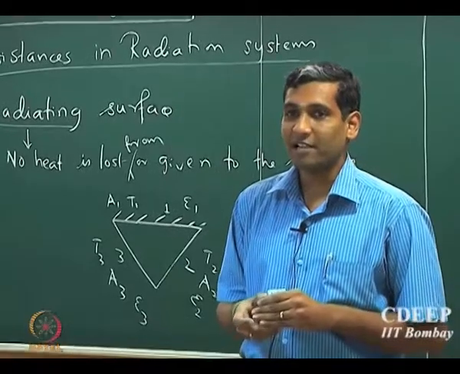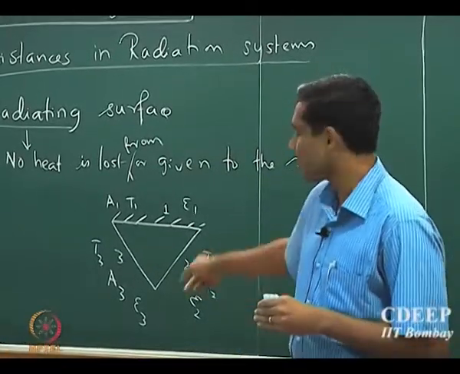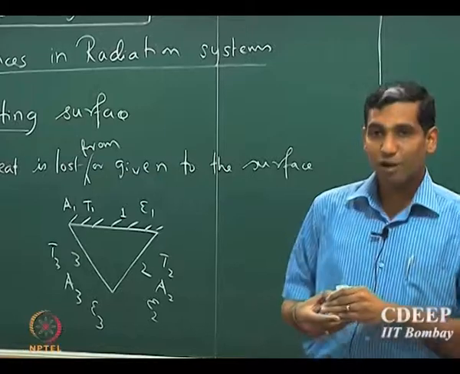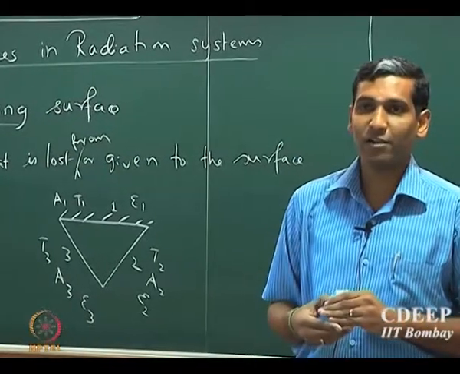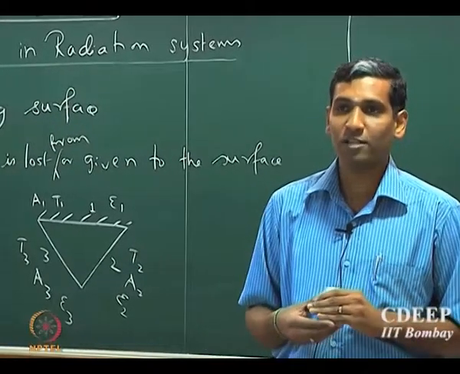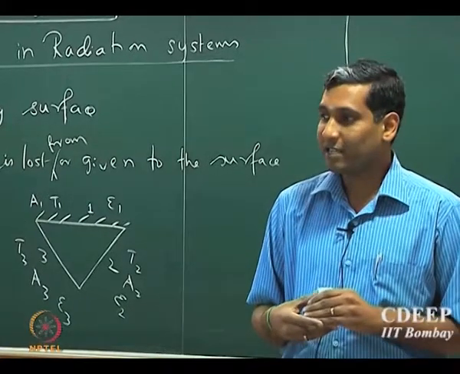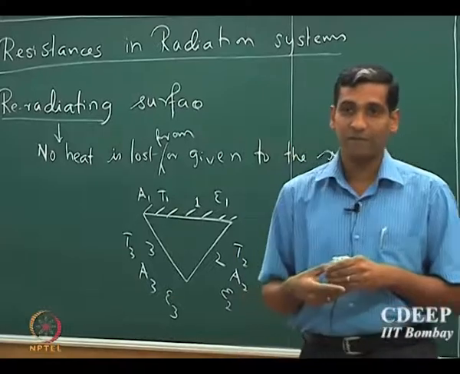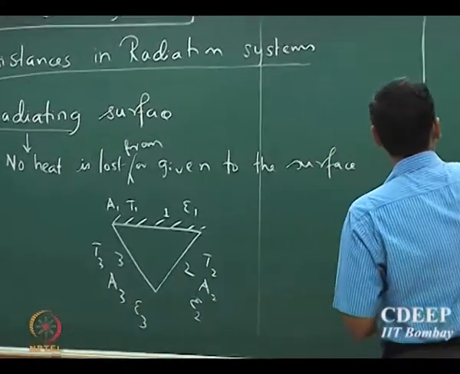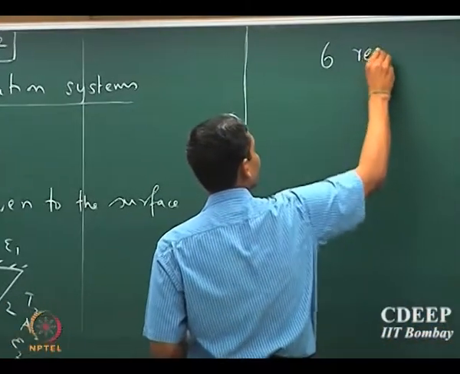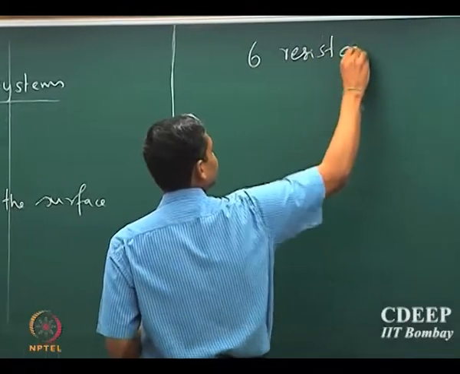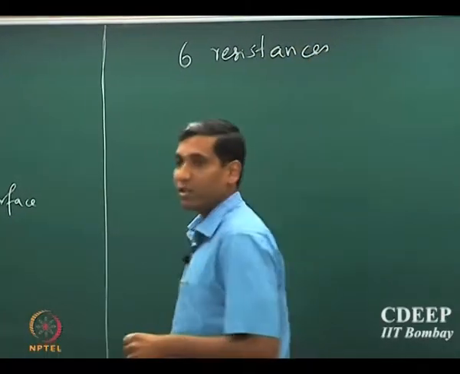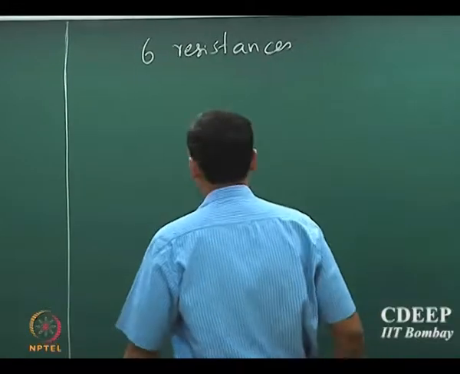Keep in mind that the resistance of every surface is not to its atmosphere, it is actually to its corresponding black body. The driving force is the difference in the black body radiation and the emission from that surface. So, there are totally 6 resistances.